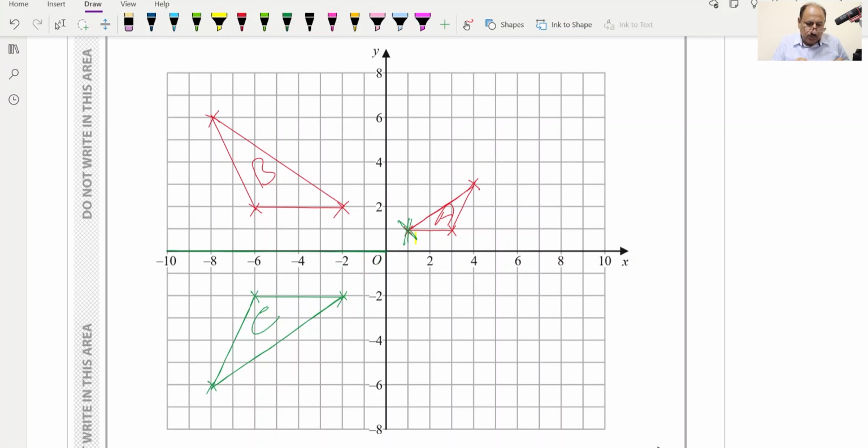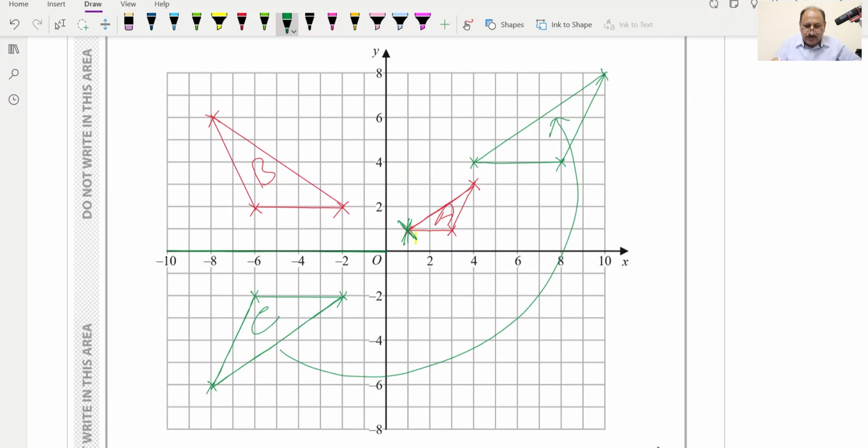We can switch it, like for example we will get 4 and 4 will be over here, and this will be 8 and 4, and this one will be the triangle. Basically if I draw it first, this will be the triangle which we get after rotation 180 degrees about this point 1 and 0.